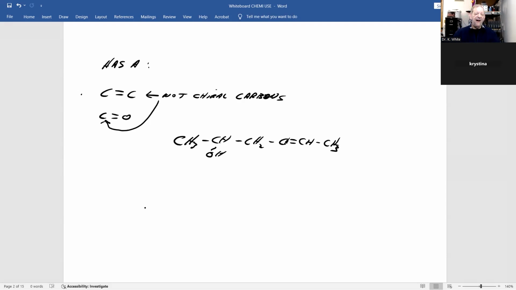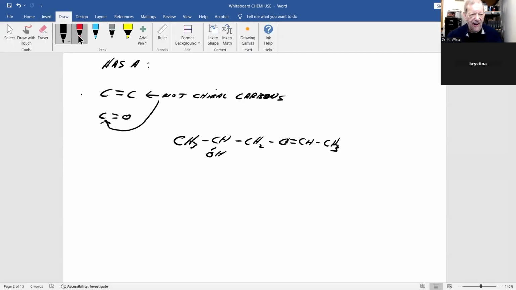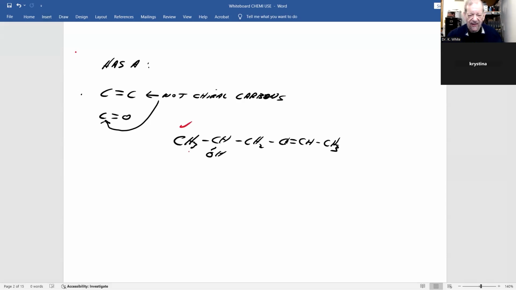If I look at this molecule, and if I were to ask to circle the chiral carbons, this has 3 hydrogens, so it can't be, it's out. This has 2 hydrogens, it has 2 or more hydrogens, it's out. Can't be a chiral carbon. This one has 3 hydrogens, it's out.